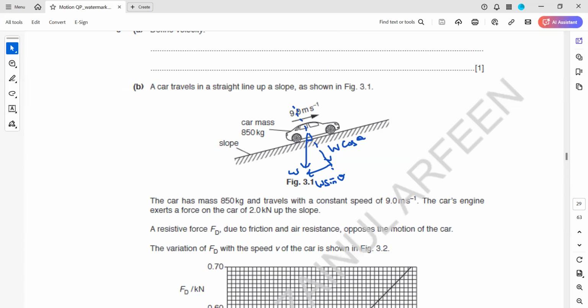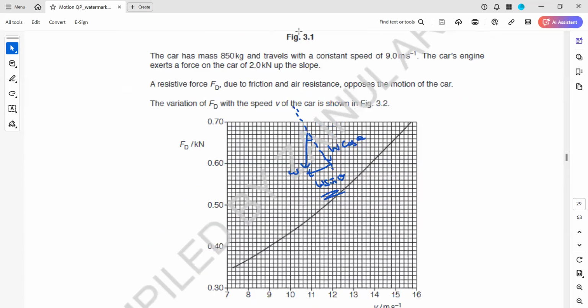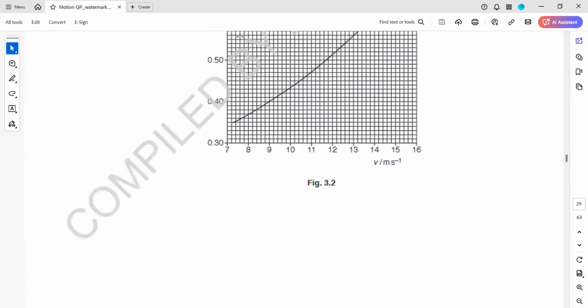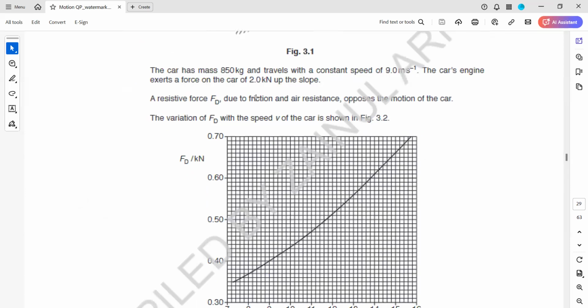So the W sine theta and the force which is opposing the motion: when the velocity is 9, this is 0.4, due to the friction and air resistance which oppose the motion of the car.